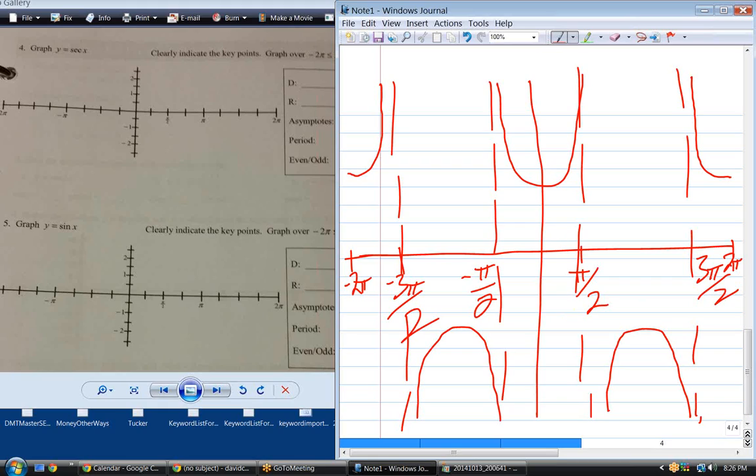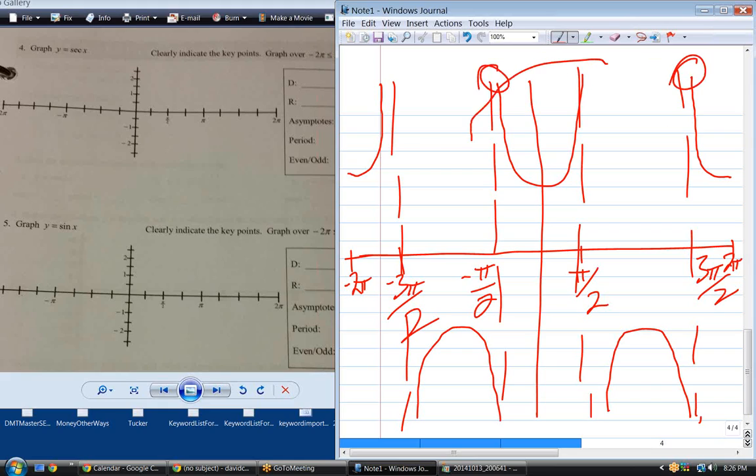Period. This is 2 pi over 2, right? No, 2 pi. Remember, everything's 2 pi, except tangent or cotangent, which is pi. But the period goes from here to there.